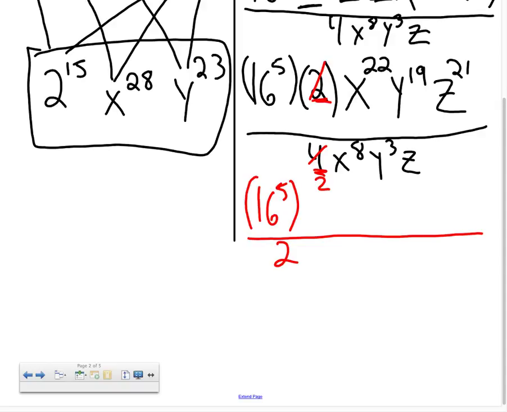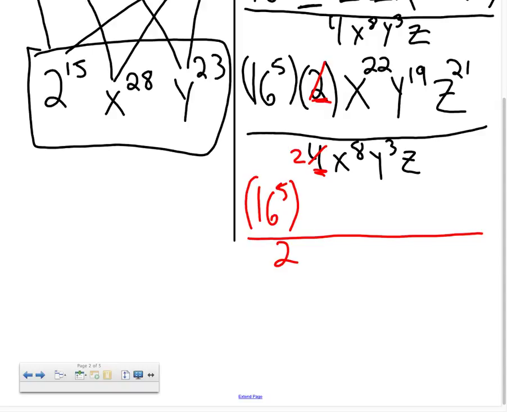And I'm going to move that 2 actually a little bit if I can, so that it's not in the way while I write my other stuff. So I have x to the 22nd, I have x to the 8th. Because I'm dividing, I'm going to subtract their exponents. So it's going to be 22 minus 8. And it is important to do the order correctly. So it's the top exponent minus the bottom exponent.